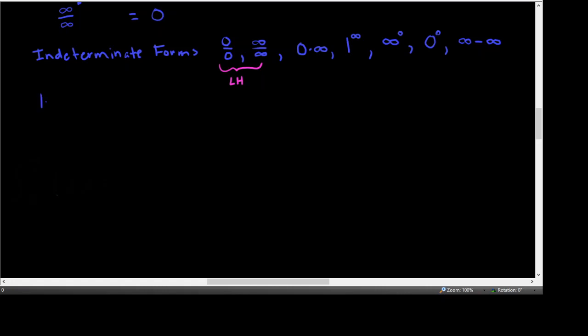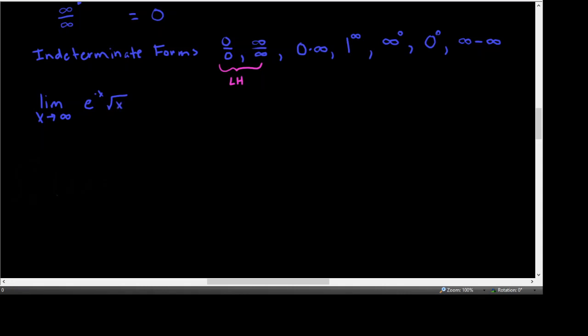Let's do example 4. This is the limit as x approaches infinity of e to the negative x square root of x.